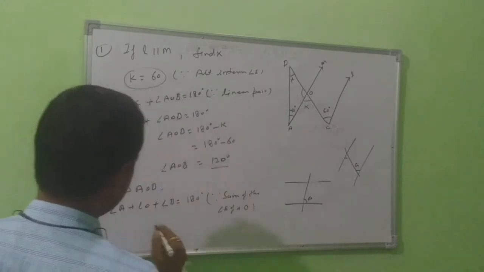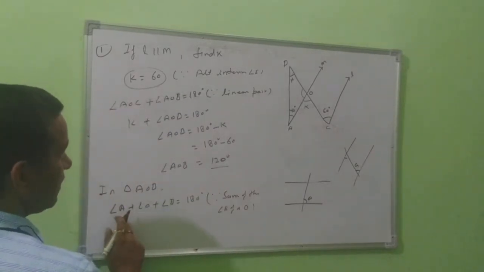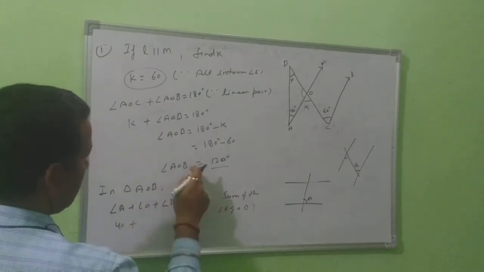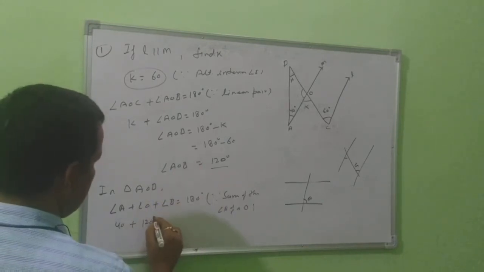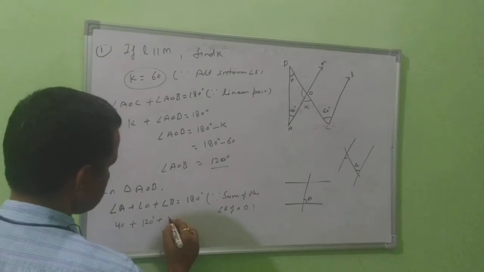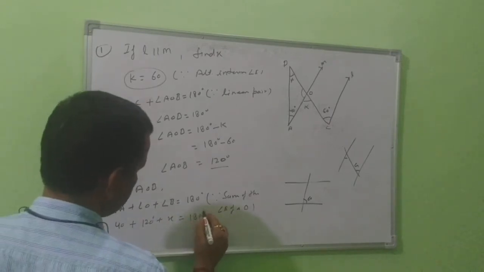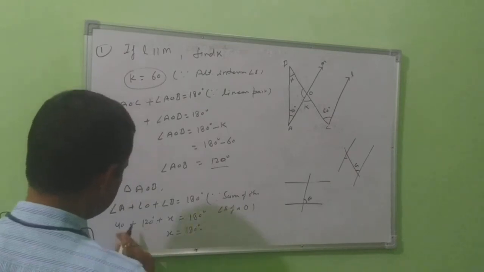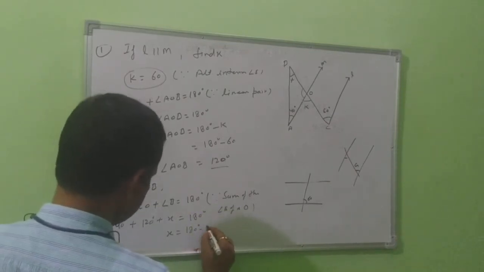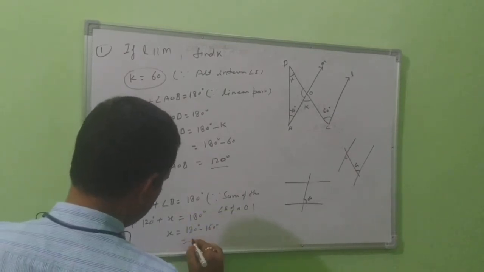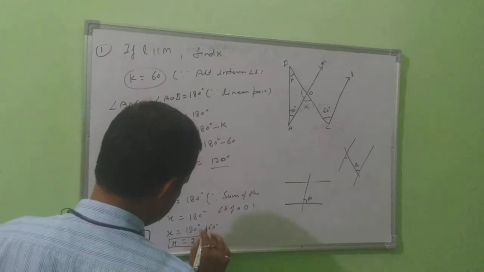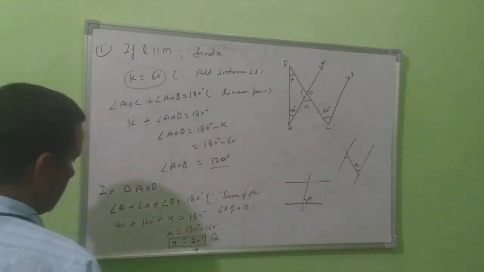The value of this angle is 40 degrees, angle AOB is 120 degrees, plus angle x equals 180 degrees. The value of x is 180 degrees minus 160 degrees, so we get 20 degrees. In this way you can find the value of x.